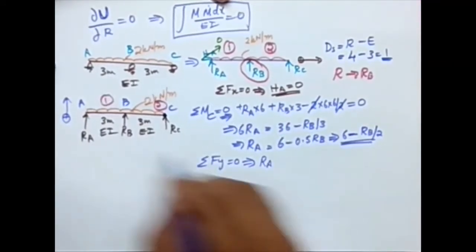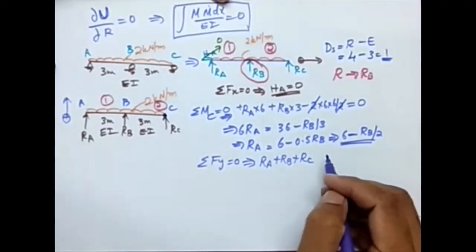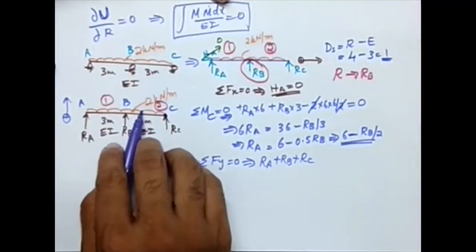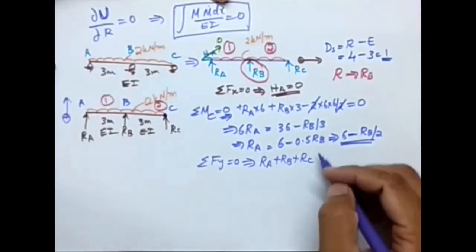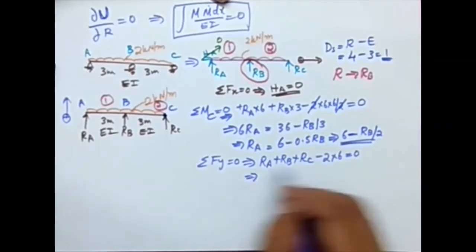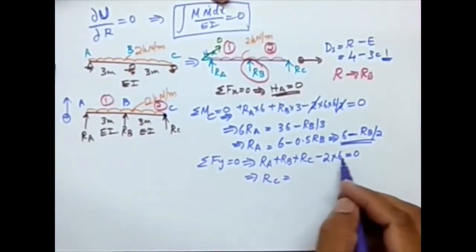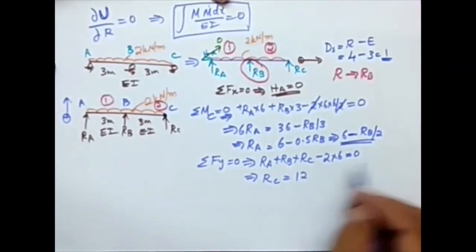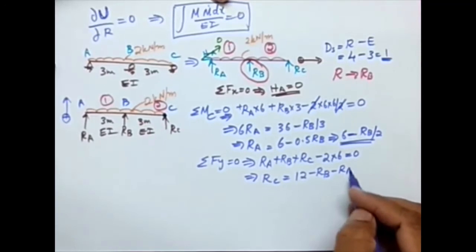RA is upward, RB is upward, RC is upward, and this 2 times 6, that is a UDL, is downward. So minus 2 times 6 equal to 0. I want the value of RC, so I'm taking all the terms to the right hand side. 2 times 6, 12, goes to the right, minus RB minus RA.